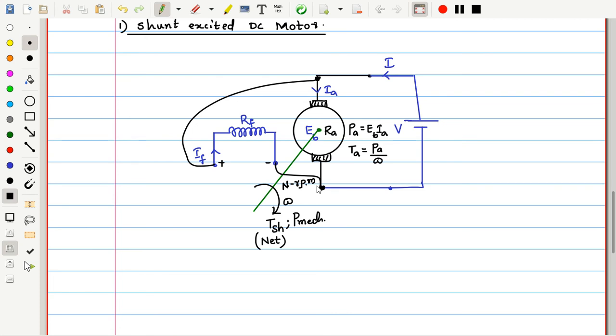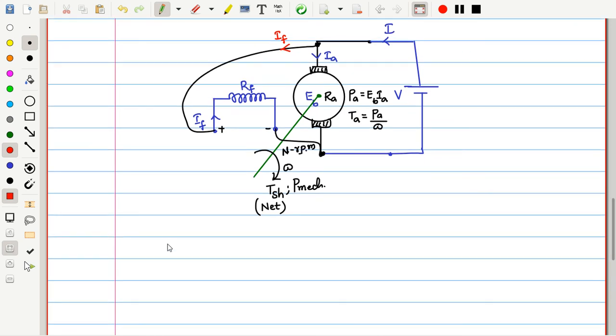Now out of this we have to look at some important things. This is the amount of field current taken from the power supply, and the armature current is Ia. Can I say the source is supplying these two currents, Ia and If, which is equal to I? Let me write these equations like the generator concept which we saw. The first thing is that the source current I is equal to armature current plus field current.